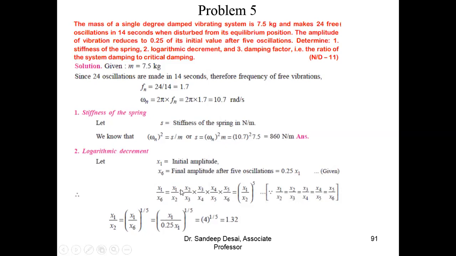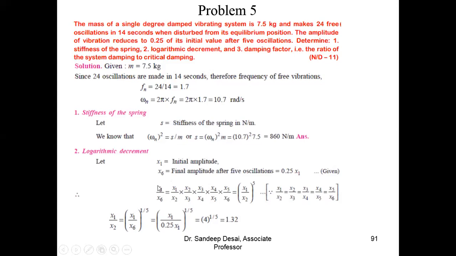At the 0th oscillation, then the first oscillation is completed, the second is completed, third, fourth, and fifth. The ratio of amplitude at the 0th oscillation to the fifth oscillation is given as 1 by 4. So the amplitude reduces to 1 by 4 after completing 5 oscillations.